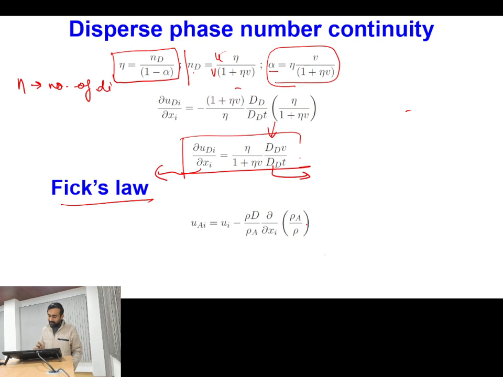However, I have given you this for the sake of completeness, but in this particular course we will not be using this, because the majority of our discussion will be beyond reacting gaseous mixtures. So for the sake of completeness I have included it, but otherwise we will not be discussing this in detail.